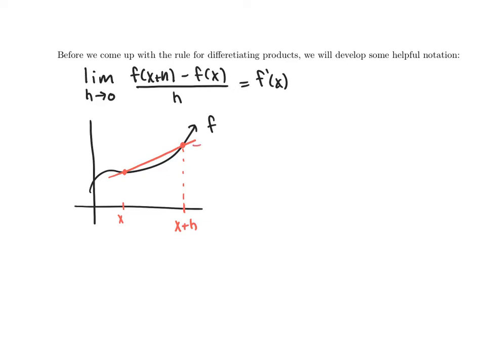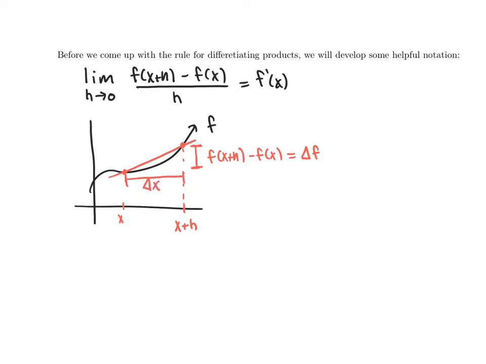We're going to measure the rise part of this equation and call it the f of x plus h minus f of x. We're going to define that to be the change in f, or delta f. And we're going to call the run part of this slope the change in x.